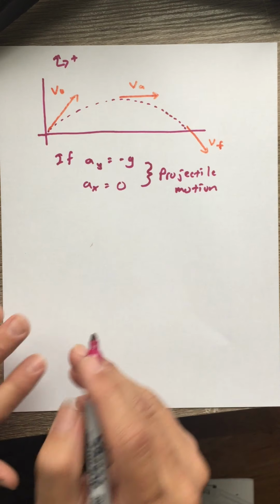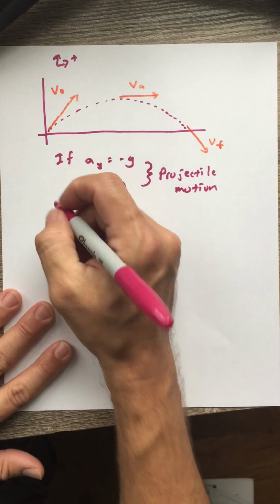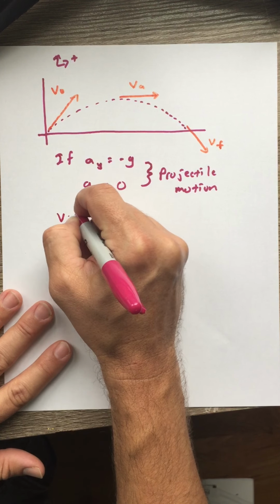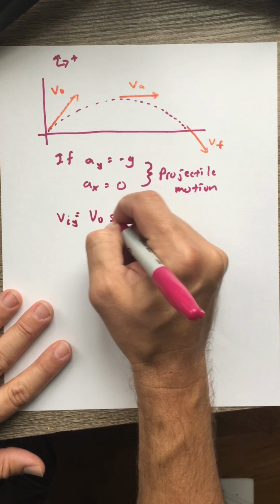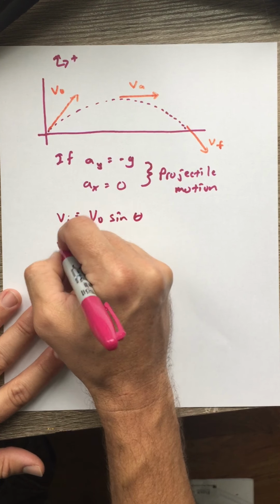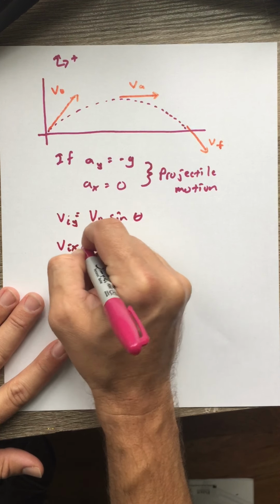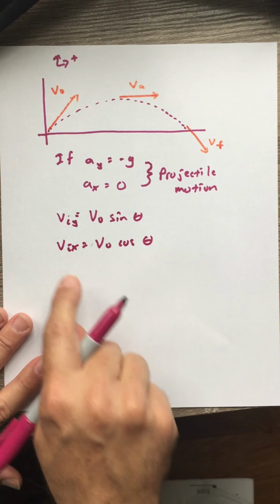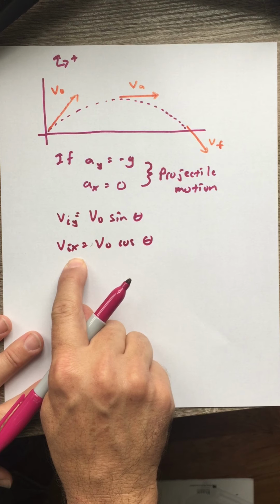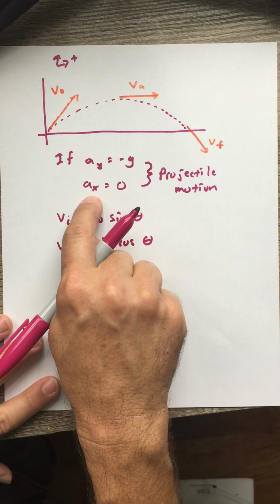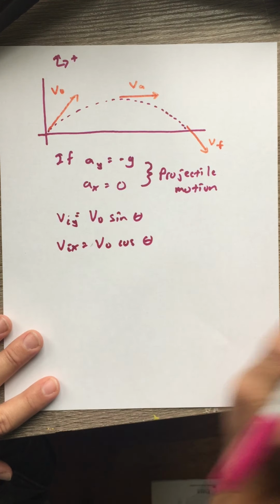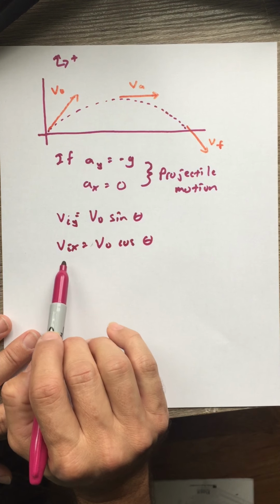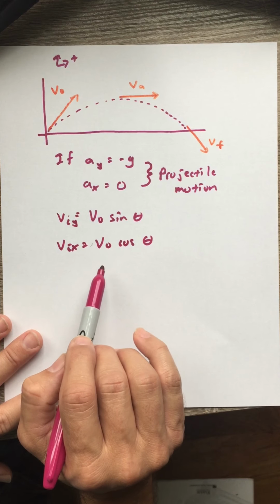But let's look at these situations. We've already figured out that v initial y is equal to v naught sine theta. V initial x is equal to v naught cosine theta. So I'm going to talk about the x direction. If there is no acceleration in the x direction, and we define acceleration as a change in velocity, notice this will never change.